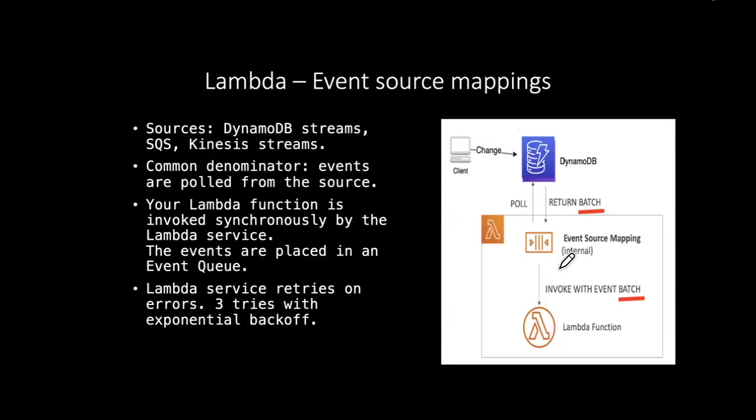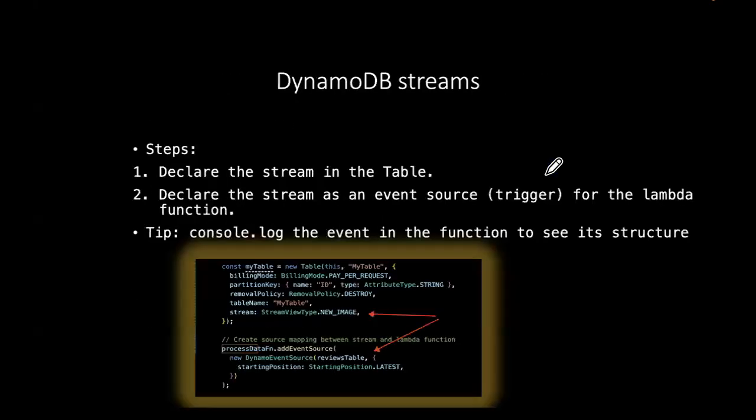So I just want to show you from a coding point of view. We won't have a working example. I'll just show you excerpts from the code as to how you set up this integration between your Lambda function and your DynamoDB table. So the steps are, number one, declare the stream in the table.